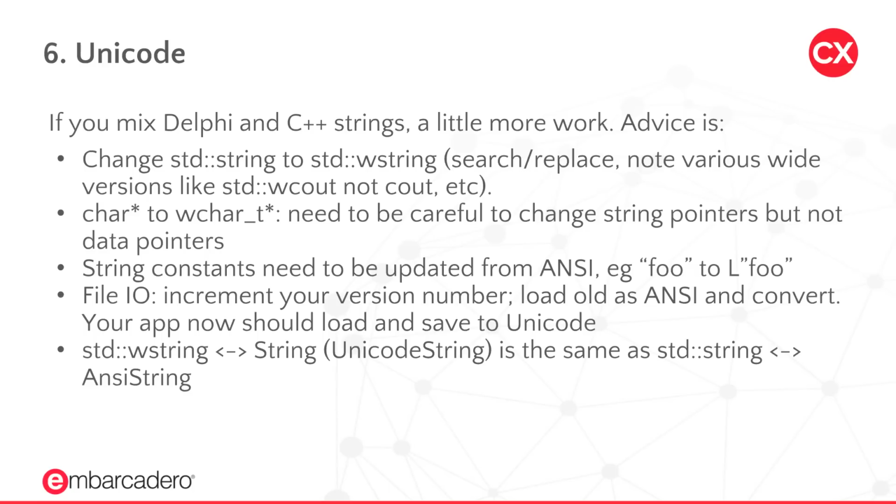Once you've done this, you'll most likely already have code that converts between std::string and what was the ANSI string. Now you can do the same between Unicode string and std::wstring. For example, using c_str and converting between the two string types like that.